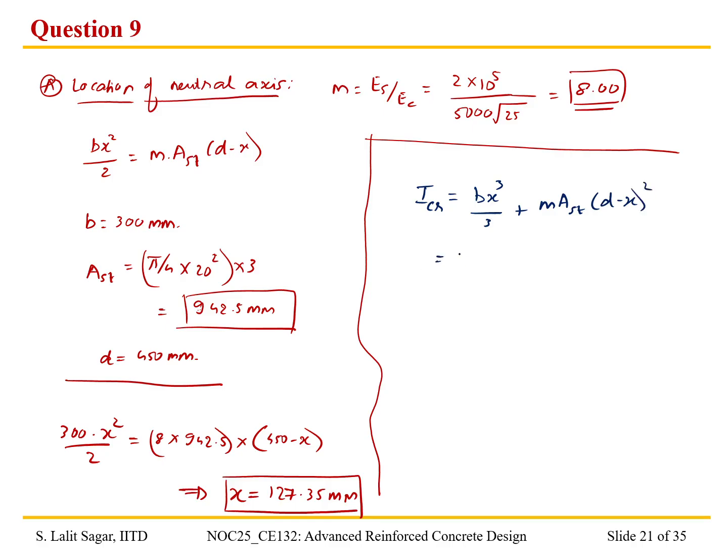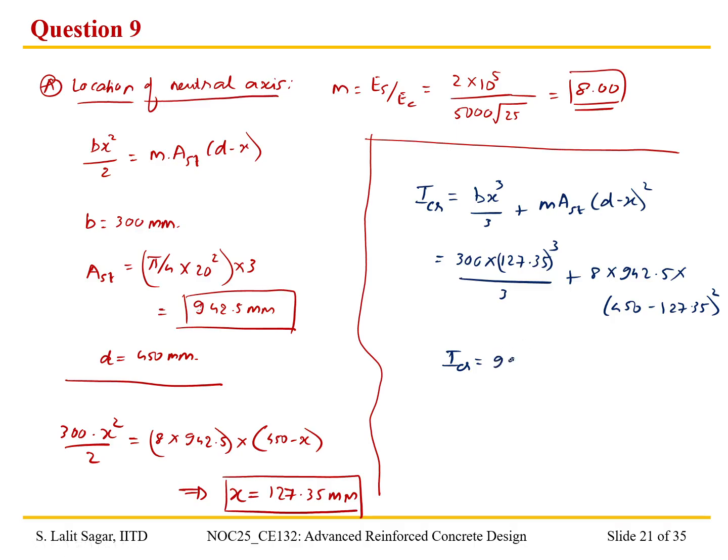So we can start plugging those values. 300 into 127.35 cube divided by 3 plus 8 into 942.5 into 450 minus 127.35 square, which gives me a value of how much?